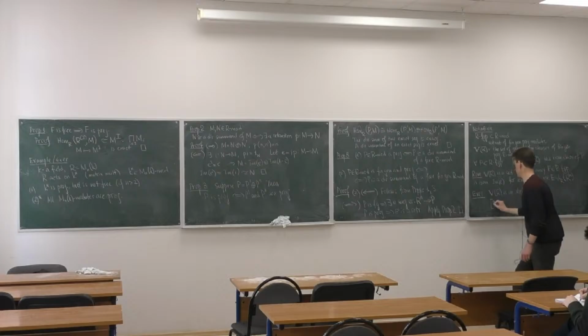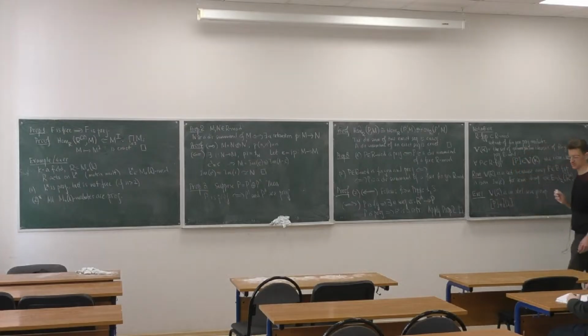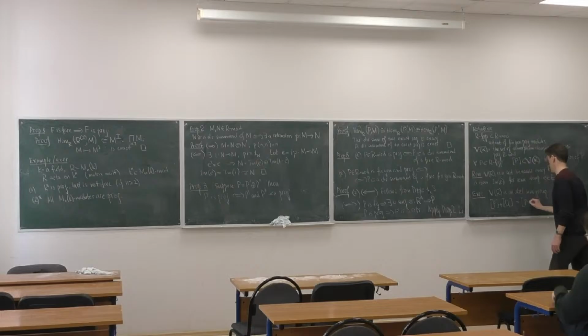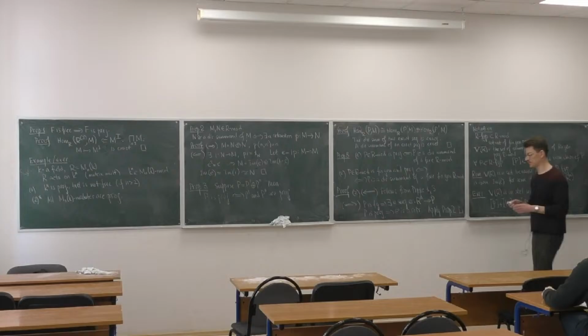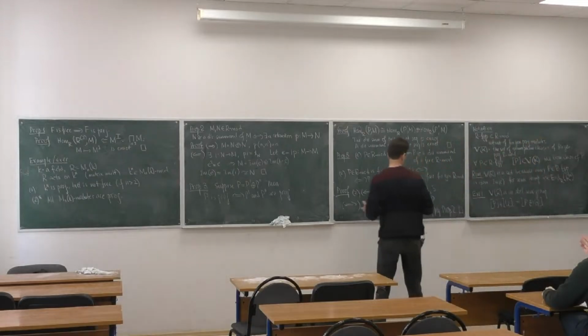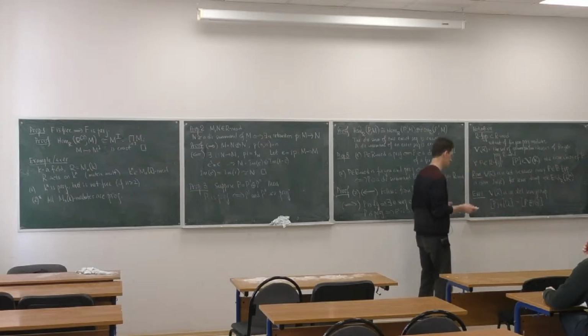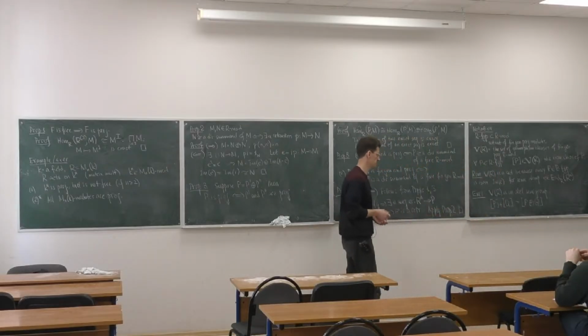You have two elements of this semigroup, which are represented by modules P and Q. Then we can define their sum to be the isomorphism class of the direct sum of P and Q. So we already know that the direct sum of two projective modules is projective. And so this is a well-defined operation, which makes V of R into an abelian semigroup.